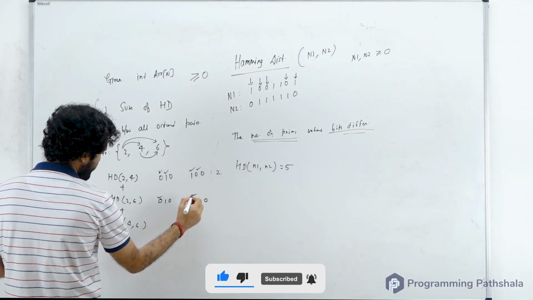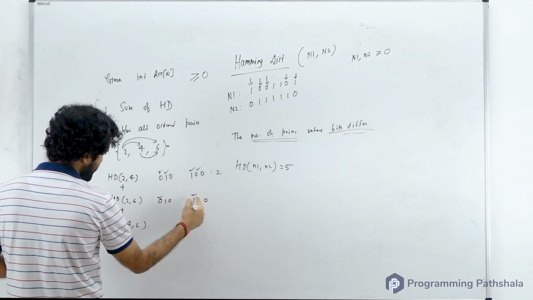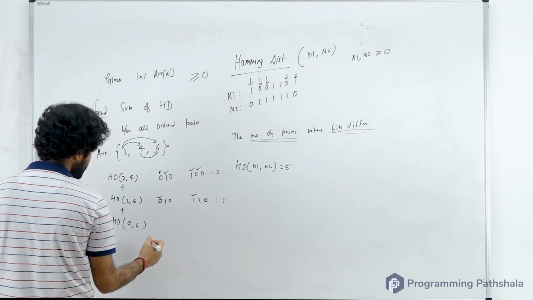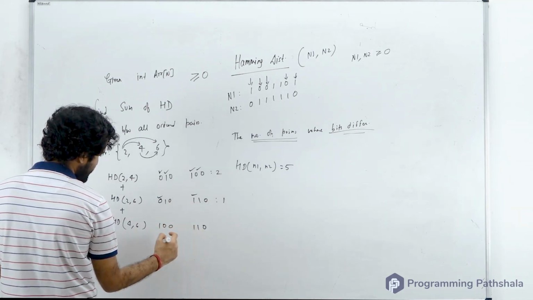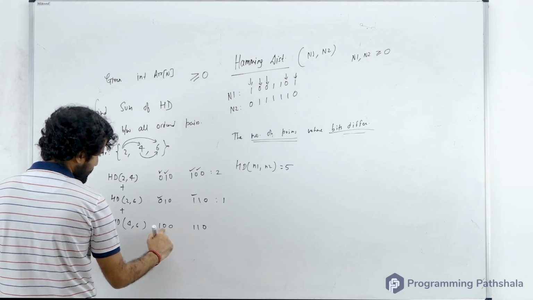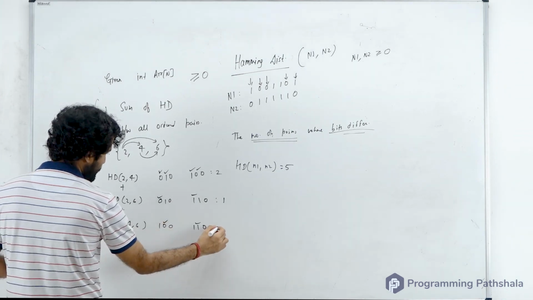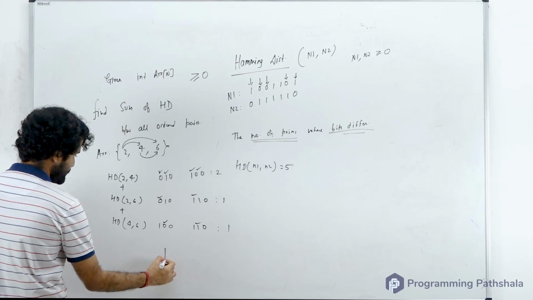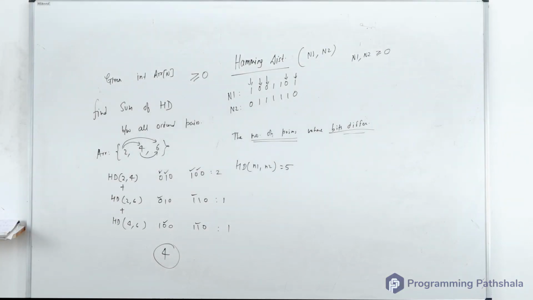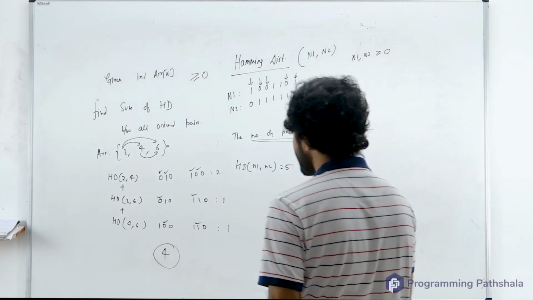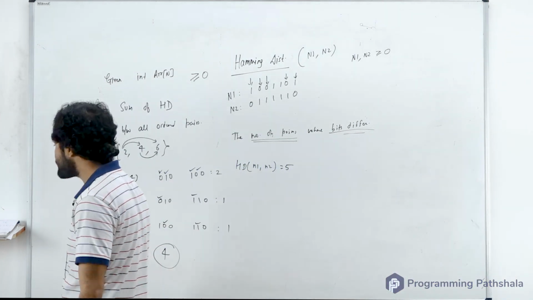So here the bits have differed, here they are same, and there also they are same. So here it is 1. And if I take a look at 4, it is something like this, and 6 is something like this. So here the bits are same, here the bits differ. Are you getting 4? You should be getting 4. Yeah, so as simple as that. This is what the question is. Let us start solving it now.